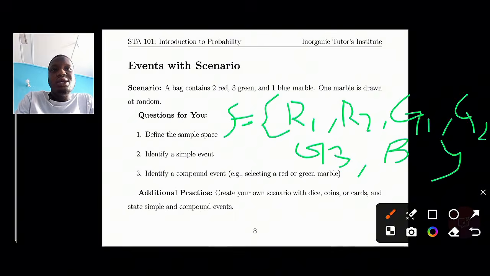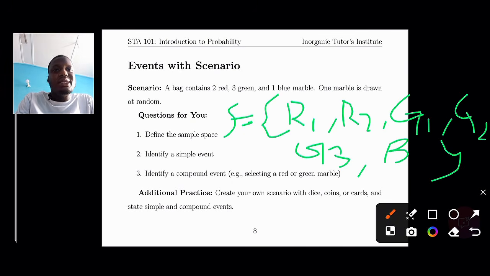No, you treat each of them separately. Whenever you have a problem like this, the sample space contains distinct elements. So although there are multiple red marbles, you don't write red to represent all of them. You write R1, R2, R3.